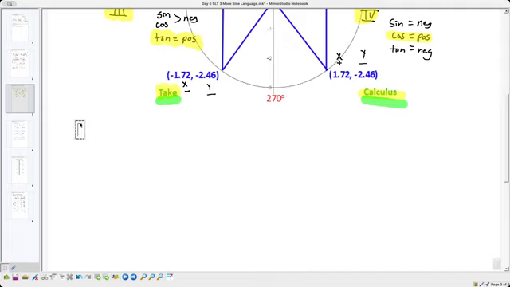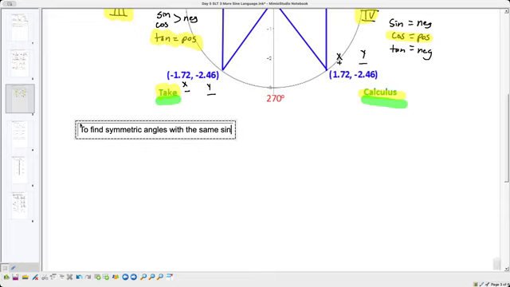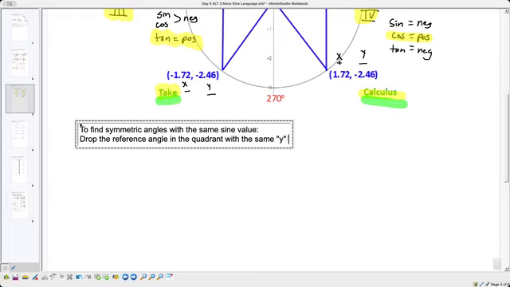Here we go. To find symmetric angles with the same sine value, the first thing we are going to do is we are going to drop the reference angle in the quadrant with the same y, sine.